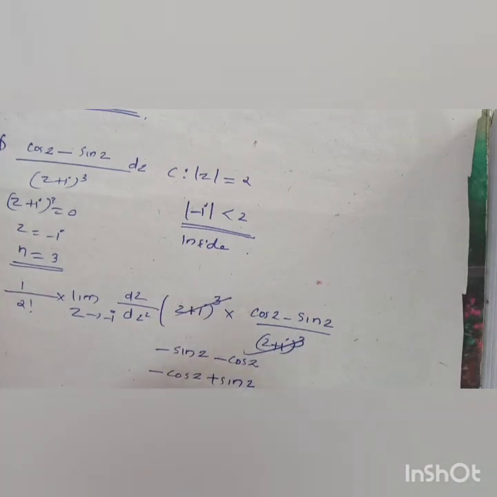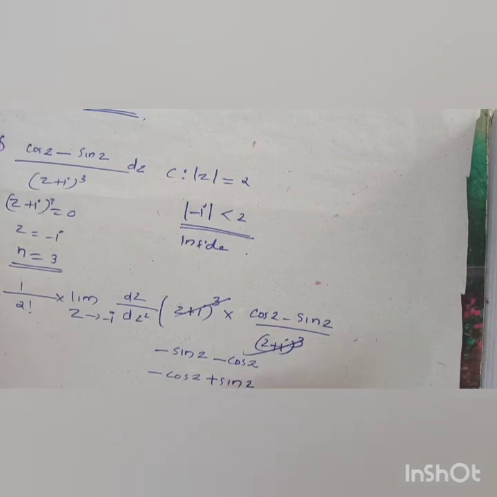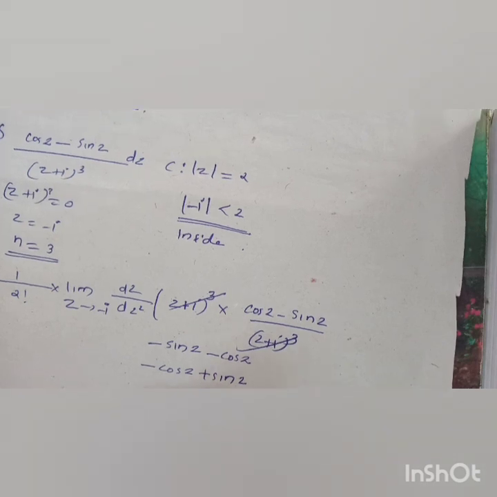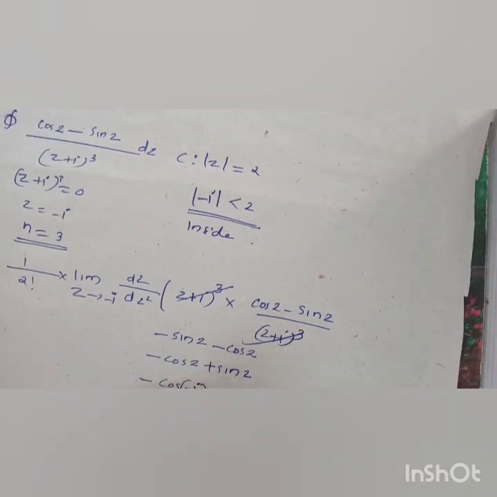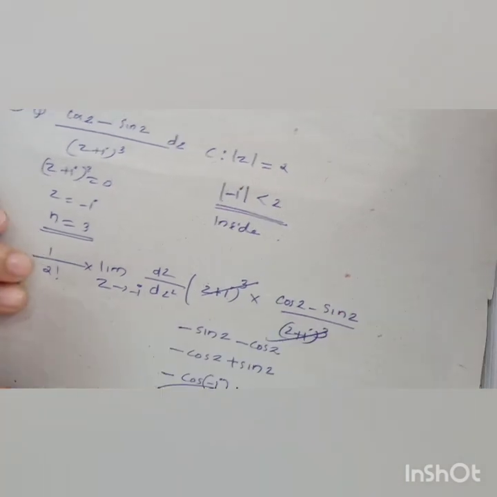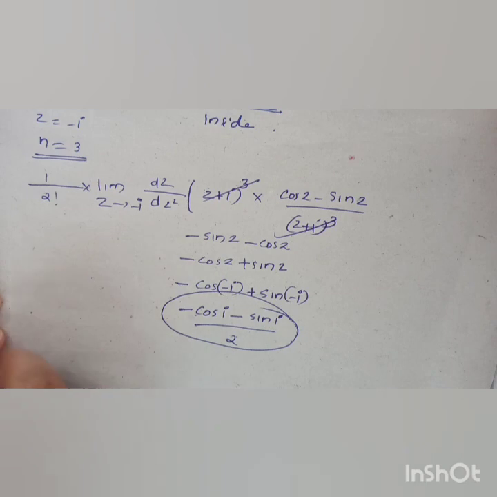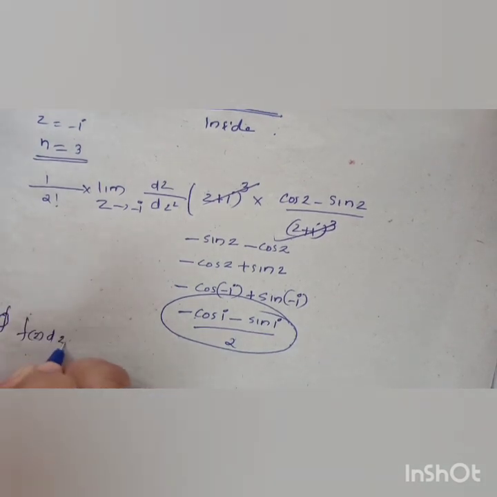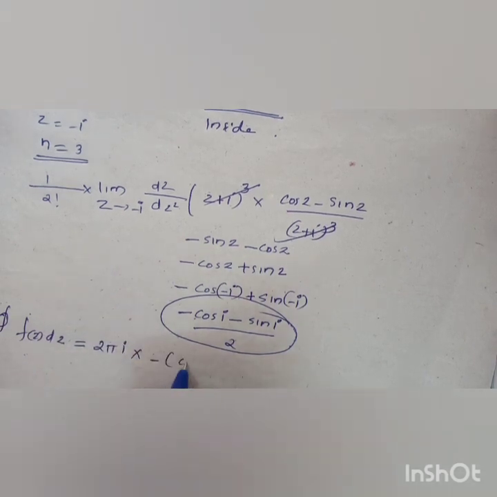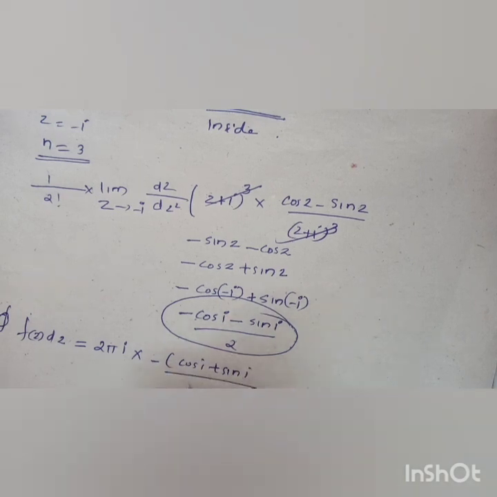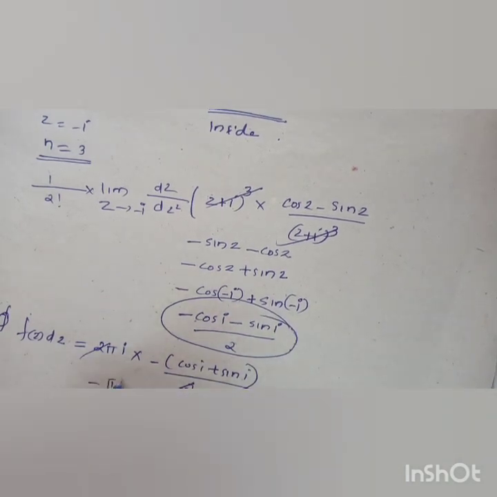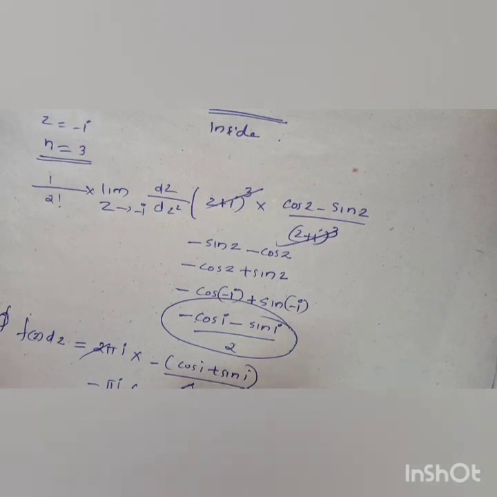We put in the values: minus cos(minus I) plus sin(minus I). Since cos(minus I) is cos I, we get minus cos I minus sin I divided by 2, so the residue is minus (cos I plus sin I) divided by 2. So the integration of the function f of z dz is equal to 2 pi I into minus (cos I plus sin I) divided by 2. The 2 cancels, so minus pi I into (cos I plus sin I) is the answer.